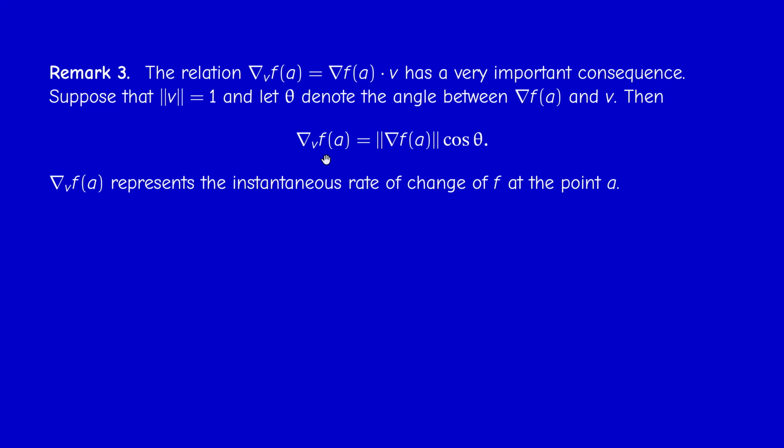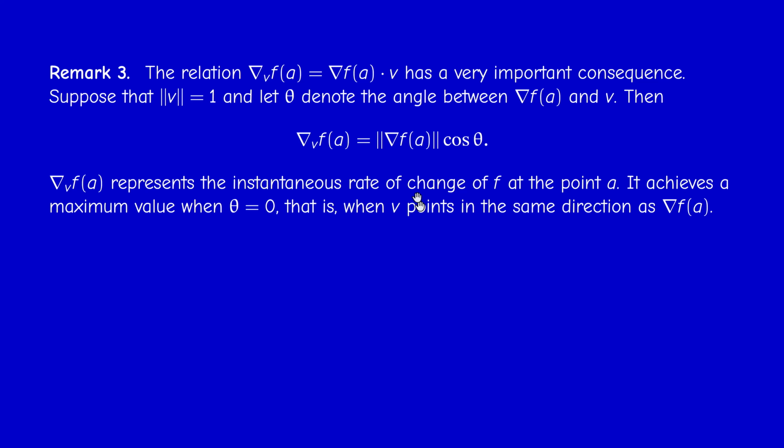So when is this rate of change biggest? I fix everything here. So a is fixed, but v varies. But v has norm 1. So when is this quantity maximum? This is a constant here. So the cosine can vary. What is the maximum value of cosine? It's 1. And this happens when theta equals 0 or a multiple of 2 pi.